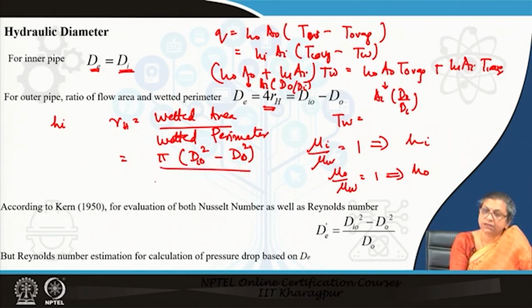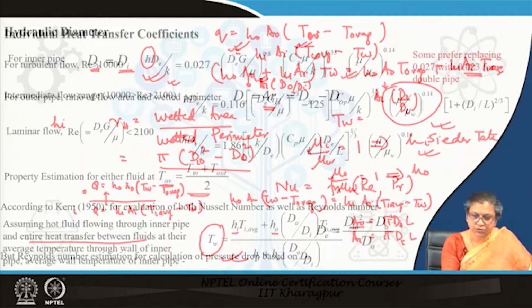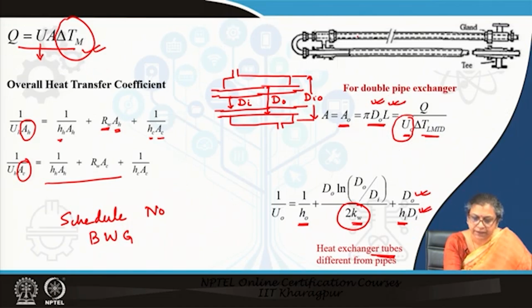And what is the wetted perimeter? The outside wall is also wetted. If you find here, for the annular fluid, this wall is also wetted and this wall is also wetted, right. So, therefore, the wetted perimeter, what should it be? It should be pi times DI plus DO.